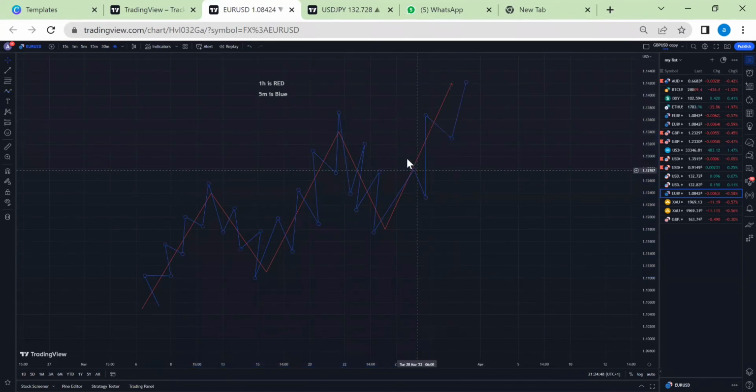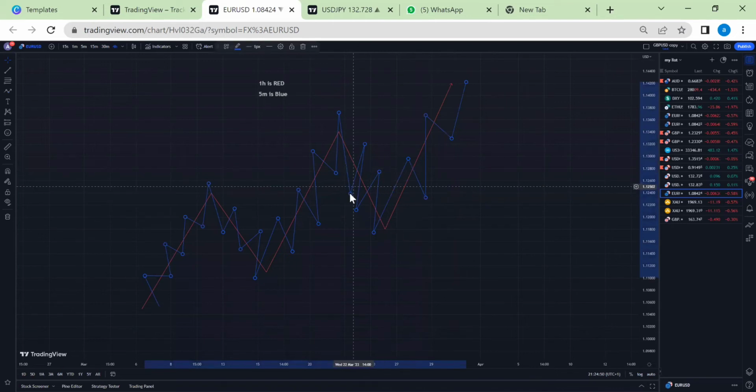Sorry, this is not very clean, but I will explain what I'm trying to achieve with this.